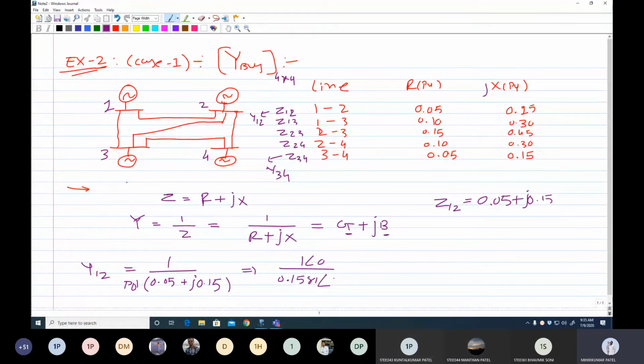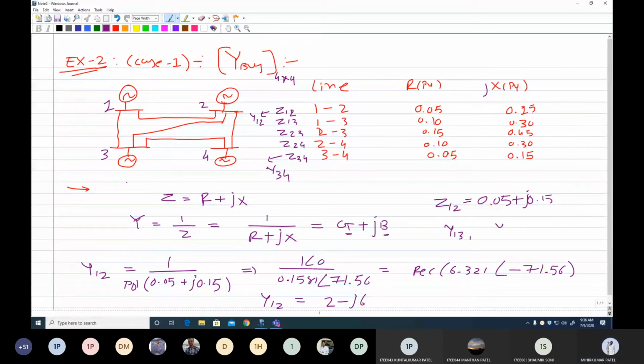So Y12 is 6.321 angle minus 71.56, and in rectangular form, Y12 is equal to 2 minus j6.